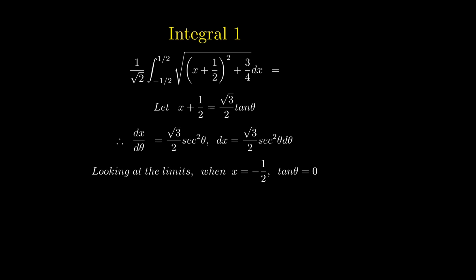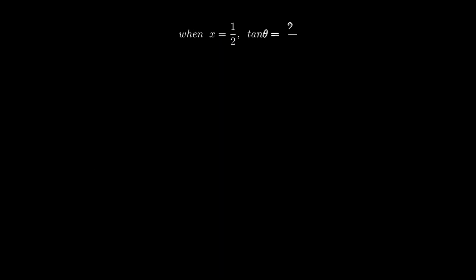And then when x is equal to a half, so a half plus a half means that root 3 over 2 tan theta equals 1, and therefore tan theta equals the reciprocal of root 3 over 2, which is 2 over root 3. And therefore theta becomes arctangent of 2 over root 3.